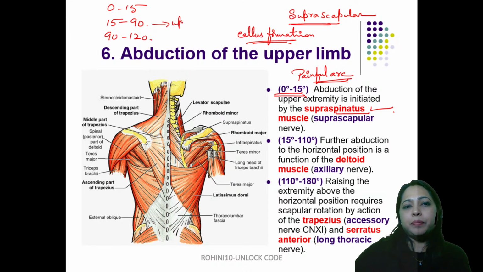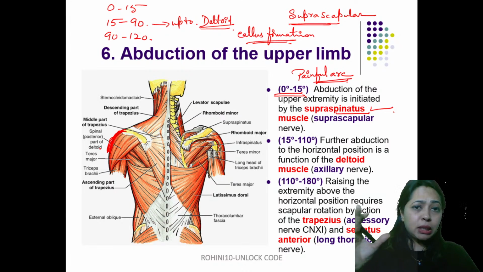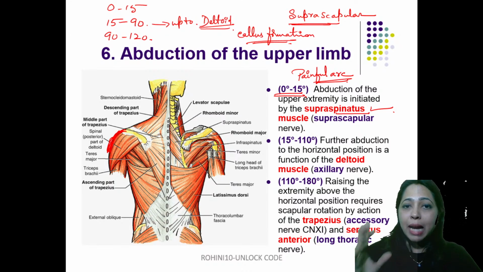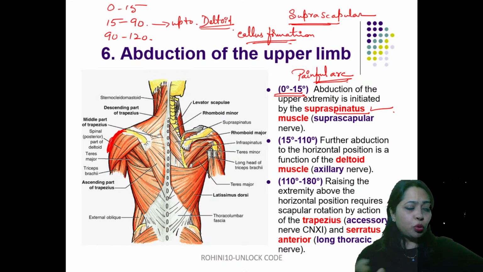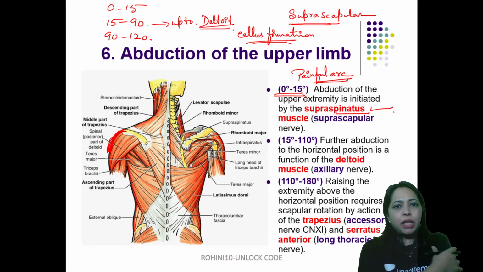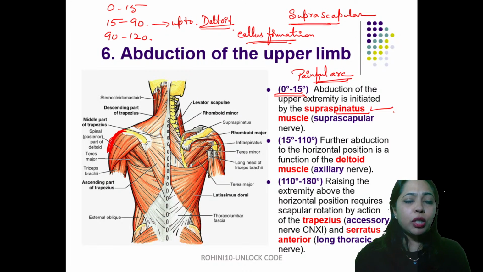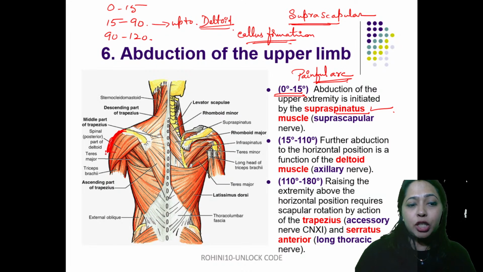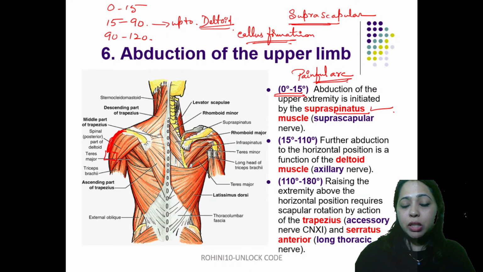Next, you have the deltoid muscle, which is supplied by the axillary nerve, and that does up to 90 degrees. Up to 90 degrees is deltoid. And just by looking at the contour of the shoulder joint, you can easily make out whether the axillary nerve is damaged or not. Also, the axillary nerve supplies through its cutaneous branch, called the superficial branch, the regimental badge area, the lower portion of the deltoid region.